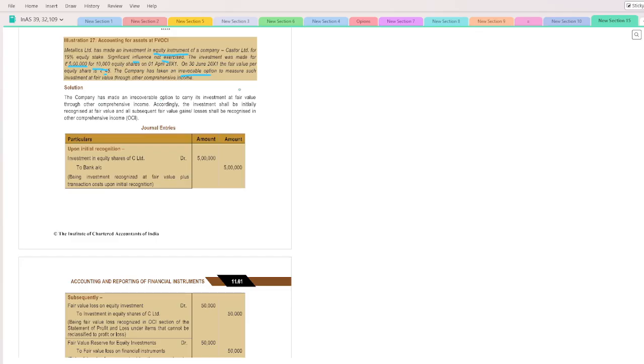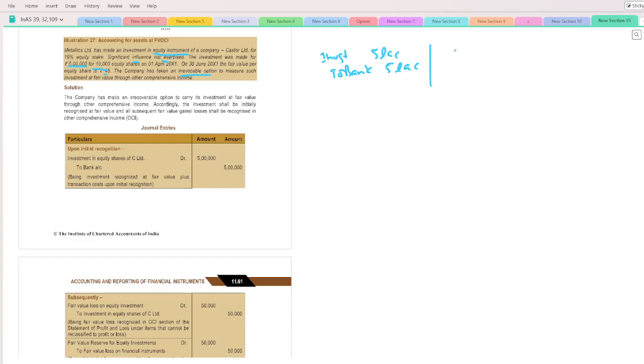So what will the entry be at the initial recognition? I'm just writing it in short form, so maybe you can take it as investment to bank. This is 5 lakh, 5 lakh. So here there is no transaction cost.